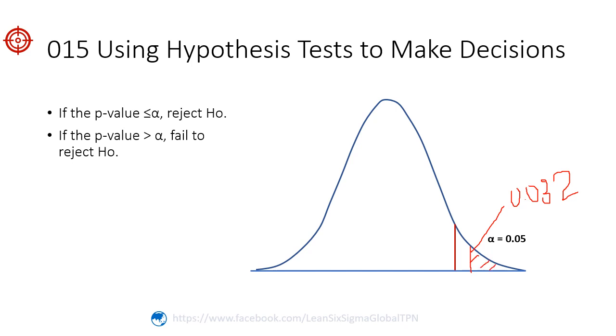In this case, we would reject the null hypothesis because the p-value is less than alpha. So what if the p-value is 0.076? In this case, we would fail to reject the null hypothesis because the p-value is greater than alpha.